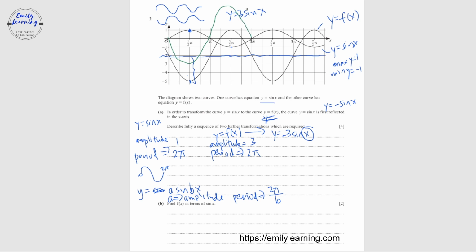Okay, this green line here is y equals negative 3 sine x, right? Agree? Okay, but it's not right. It shifts down by 2 units.